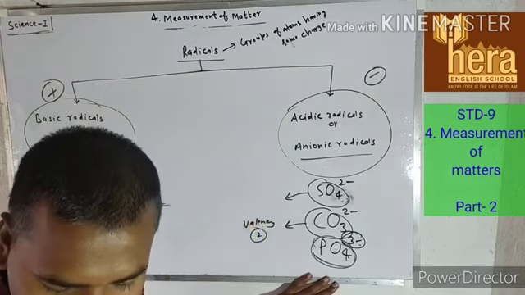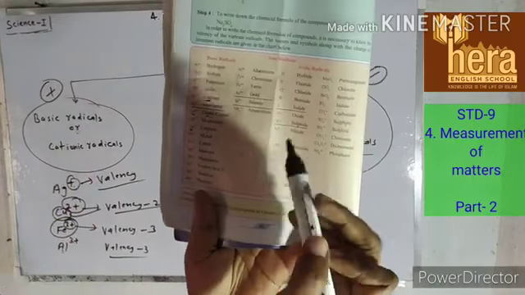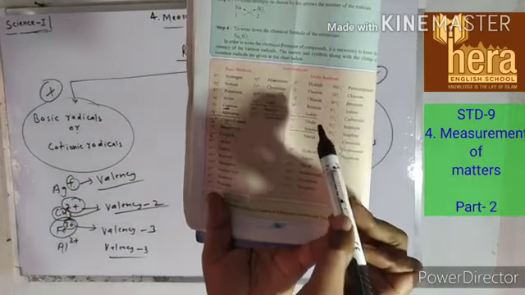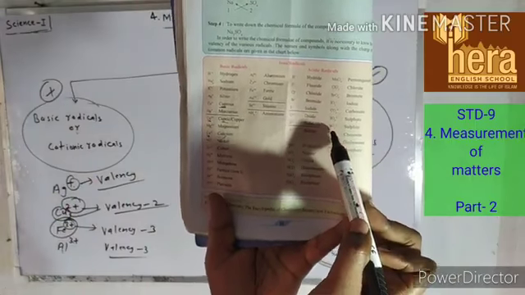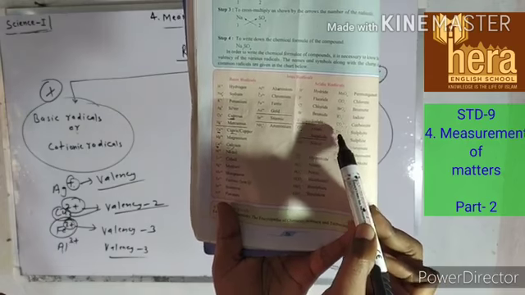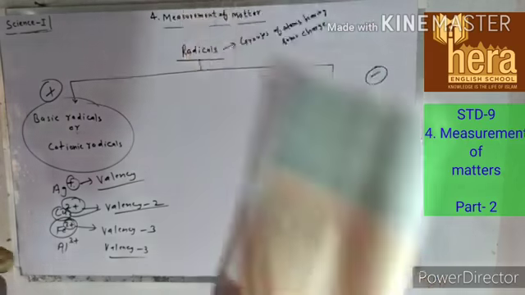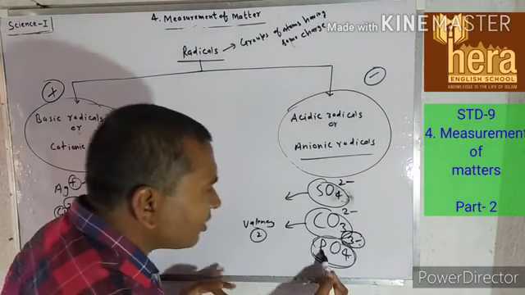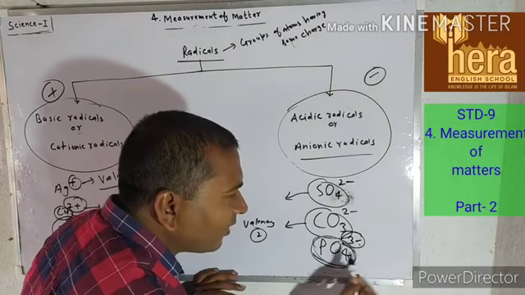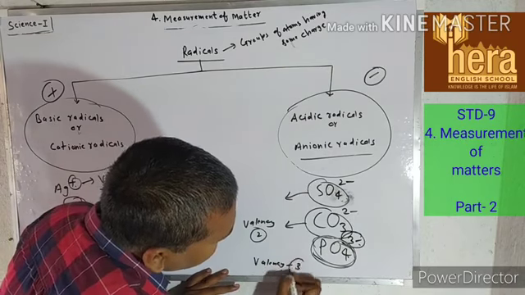Page number 56. One table is given. Students, see this one. SO4 2 minus. SO4 means sulfate. Sulfate has valency 2. Similarly, phosphate PO4 has valency 3 minus.